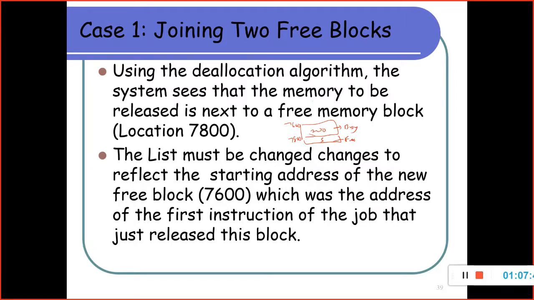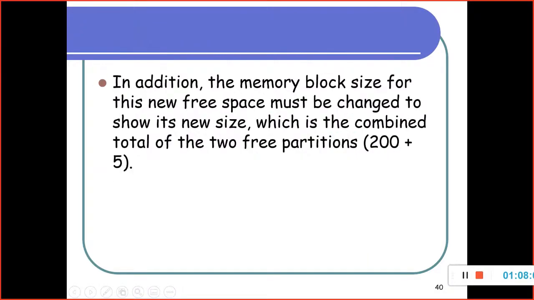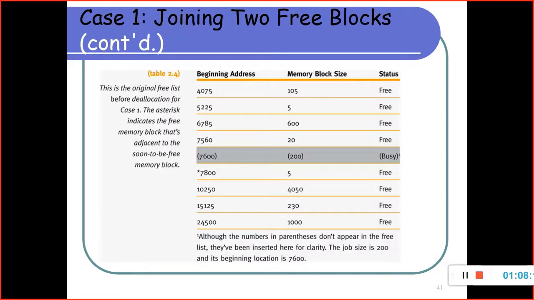The list must be changed to reflect the starting address of the new free block, 7600, which was the address of the first instruction of the job that just released this block. In addition, the memory block size for this new free space must be changed to show its new size, which is the combined total of two free partitions, 200 plus 5.